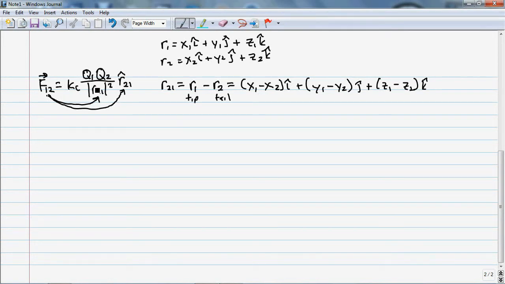Actually, I could put an arrow here because it is a vector. And the r hat is just going to be the difference of these two divided by the distance.